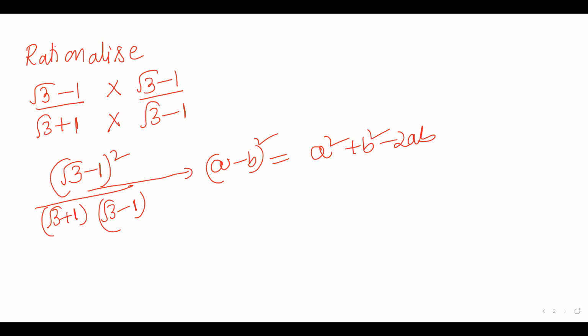Okay? So let us expand. This is a and this is b. It is in the form of a minus b whole square. A value is root 3, b value is 1.